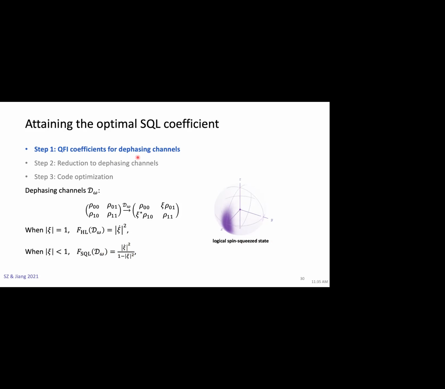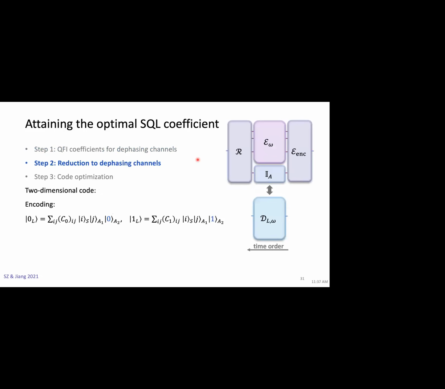So that's only for dephasing channels, but what about general quantum channels? The strategy is to reduce every general quantum channel to dephasing channels. Basically, we assume there is some special type of 2-dimensional encoding which reduces every quantum channel to a dephasing channel.